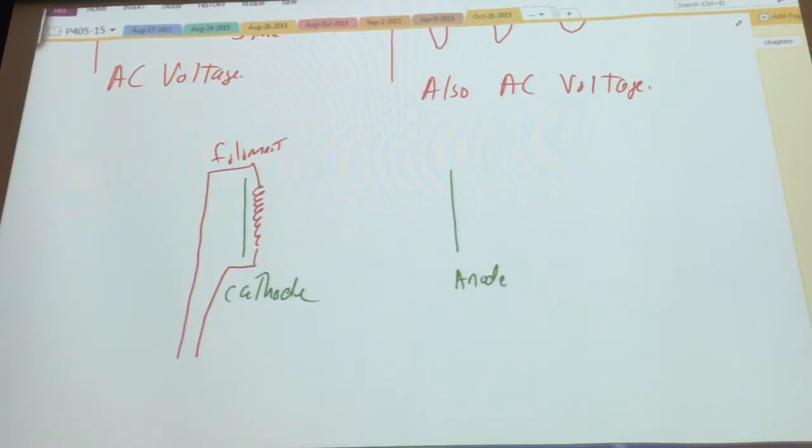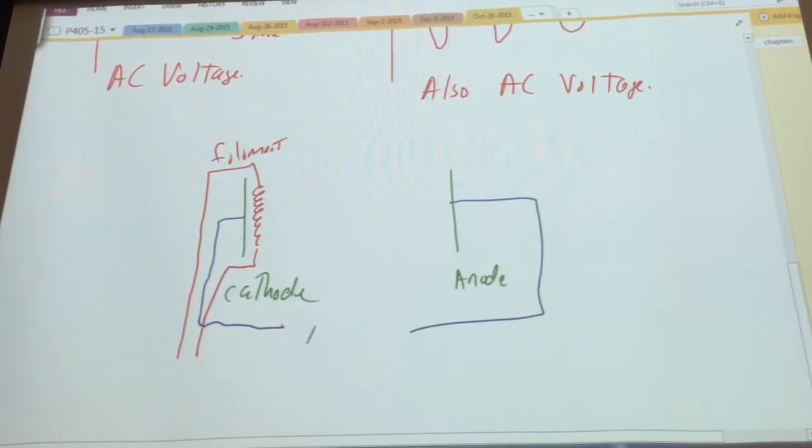And what we're hoping to do is put this high voltage (110,000 volts) between the cathode and the anode. That's what we want that 110,000 volts for. Or maybe we only need 70,000 volts or whatever.